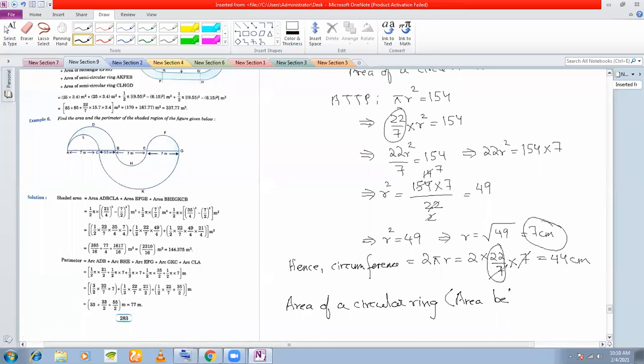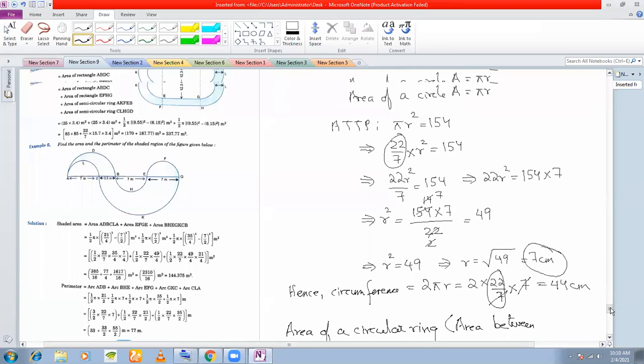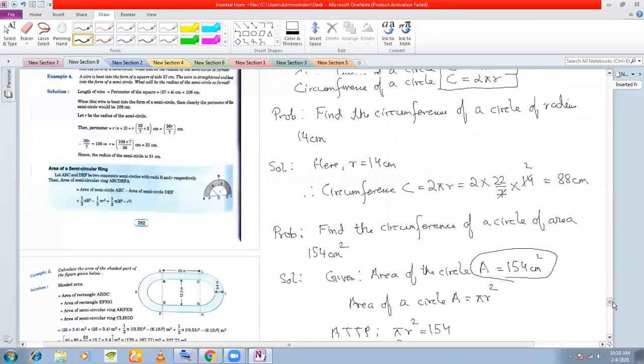So in this sum, while we were solving the circumference part, we took 2 into 22 by 7 into 7. So why are we not taking 7 square? But in the previous sum, we took 14 square.